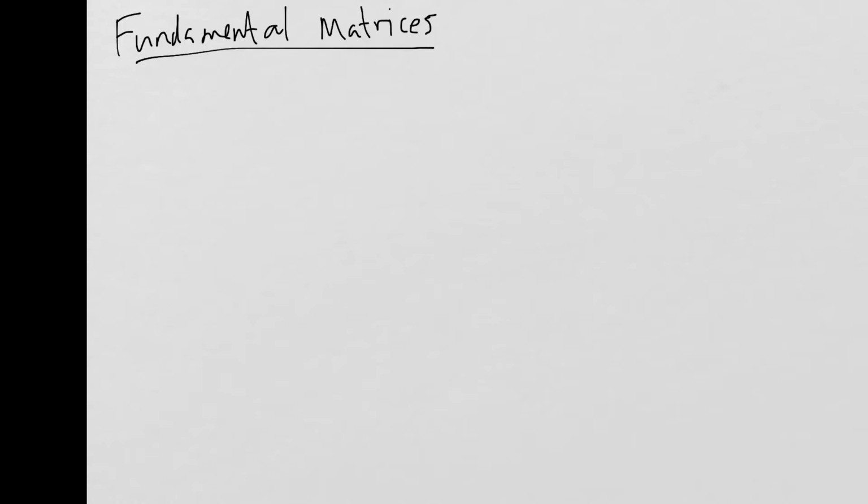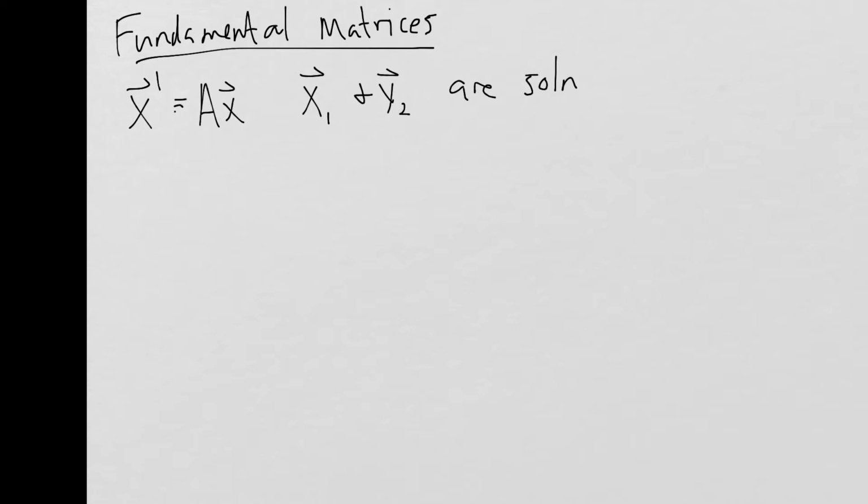So if I have x prime equals Ax, and we'll assume 2 by 2 A for now, and x1 and x2 are the solutions. What I mean by that is like the eigenvector times e to the eigenvalue.